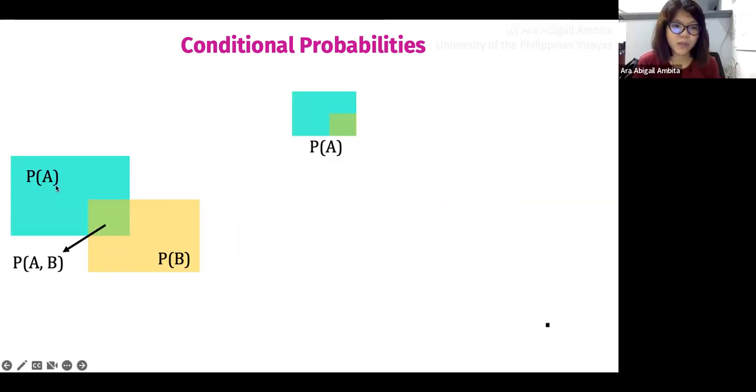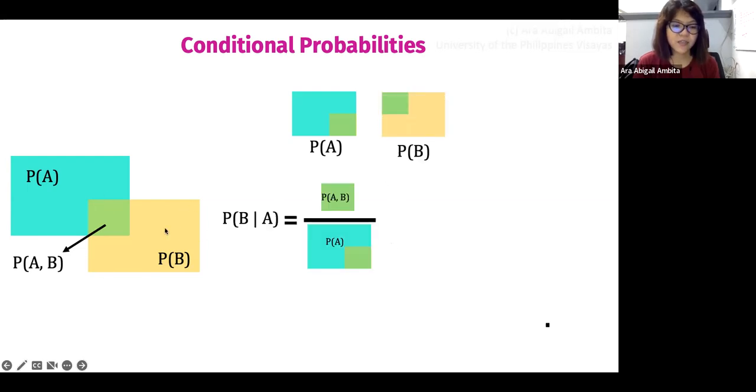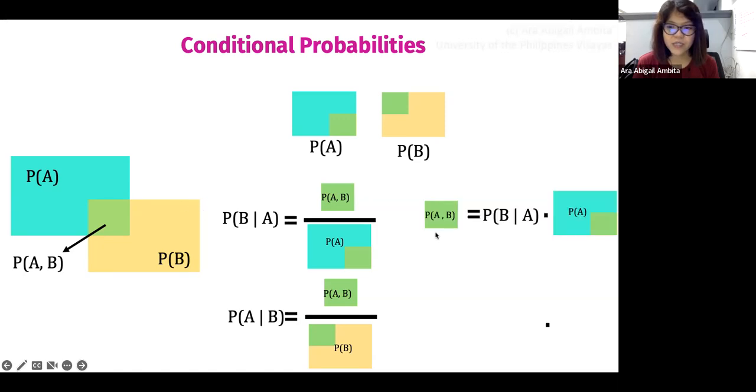We have the probability of A, and then the probability of B. The probability of B given A will be the joint probability of A and B divided by the probability of A. And the probability of A given B will be the joint probability of A and B divided by the probability of B. Using the product rule, or simple algebra, we can compute the joint probability from this equation itself.